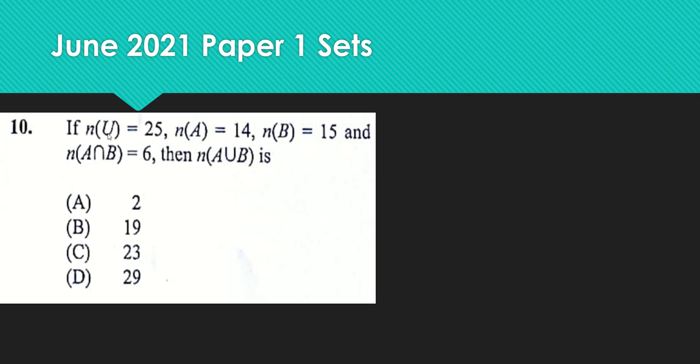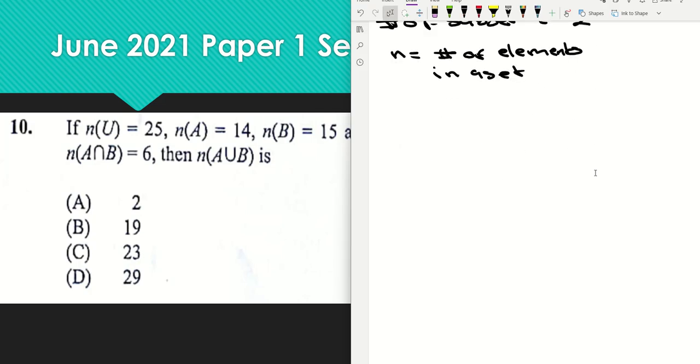Here, the universal set is 25, A is 40, B is 50, then the intersection is 6. What is the union? They give you the universal set as 25 to confuse you, but you just need to remember your formula: the number for A union B is your number for A plus your number for B minus the number of elements that A and B have in common.